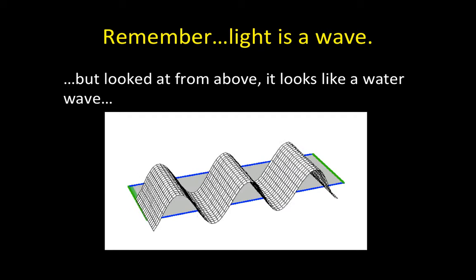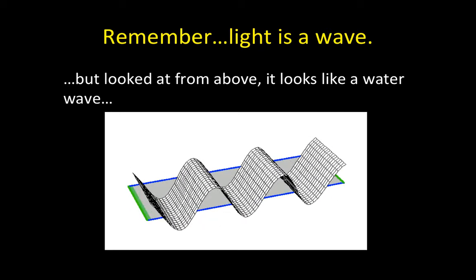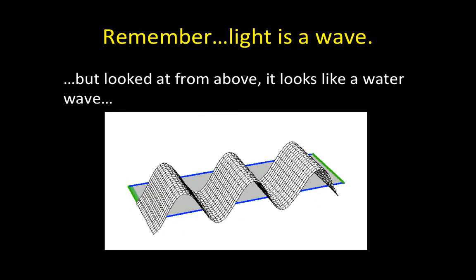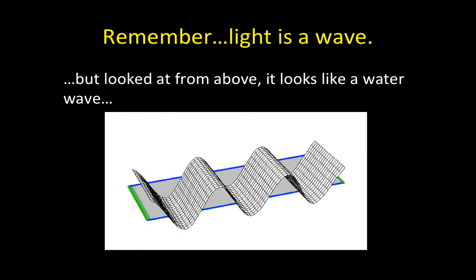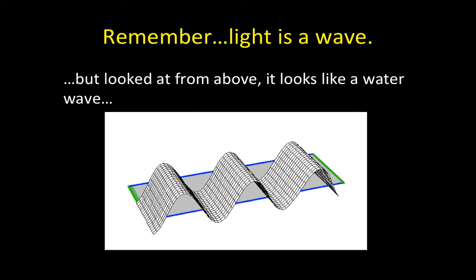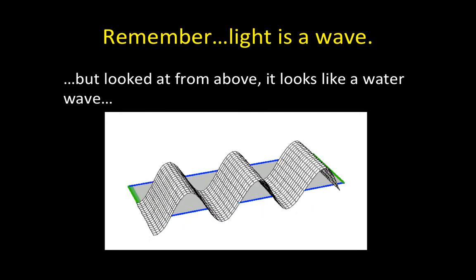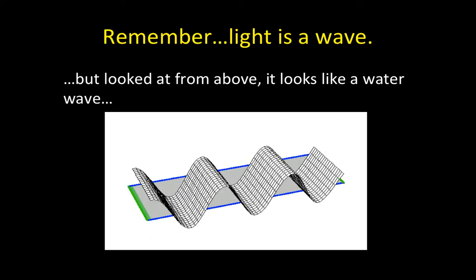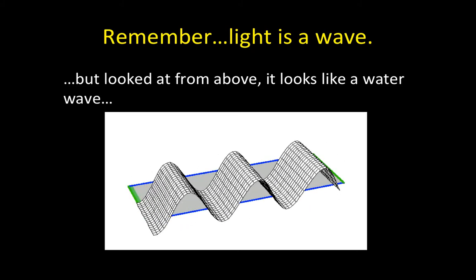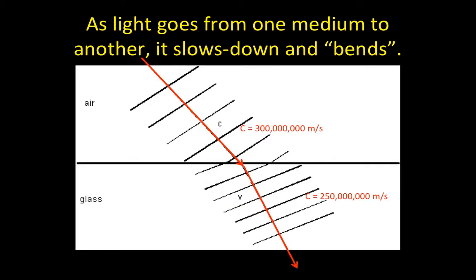These are like waves you've seen in water, where they have a wave front. If we were to look down on this wave, we would see these linear wave crests passing by us. That's what we need to think about, that it's a three-dimensional object, not just a two-dimensional drawing.